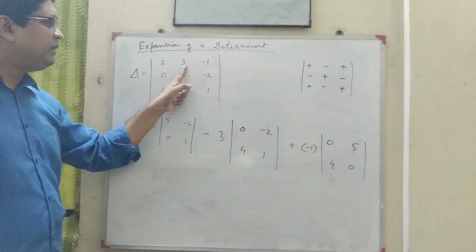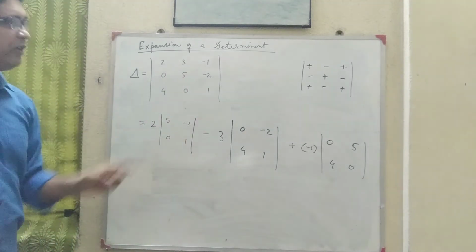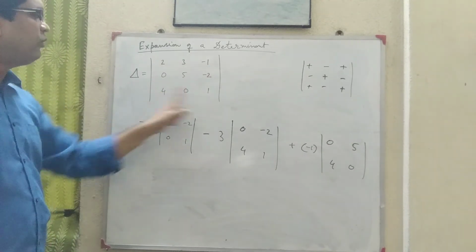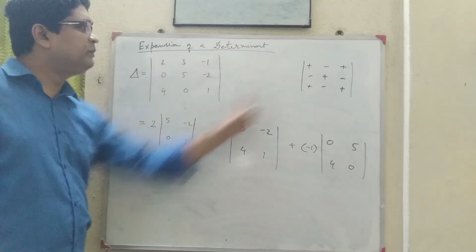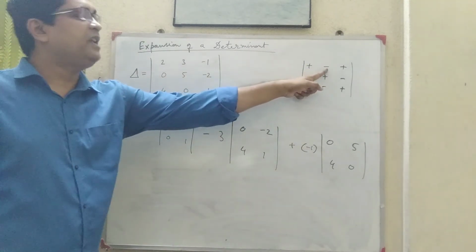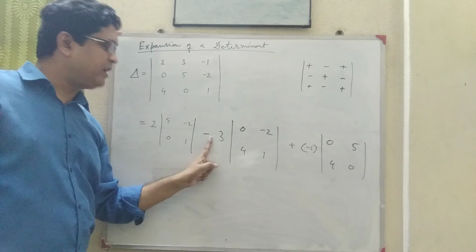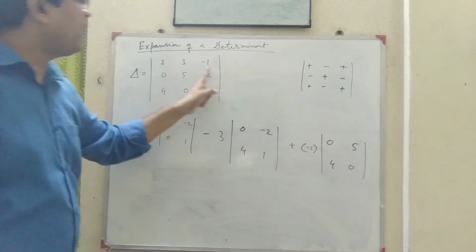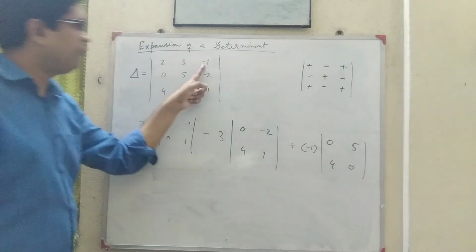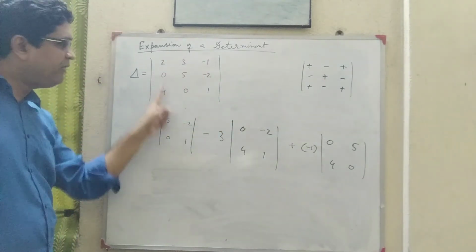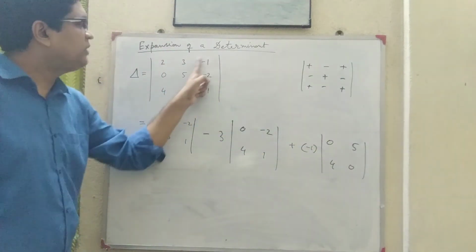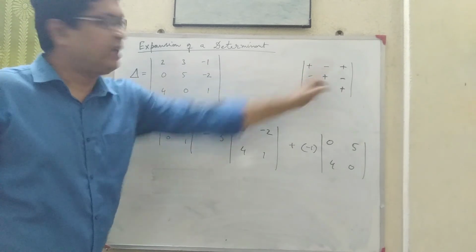Next, 3 into its cofactor: the minor is 0, minus 2, 4, 1, and the sign will be minus because the position of 3 has sign minus. Then minus 1 multiplied with its cofactor 0, 5, 4, 0. This is the minor with plus sign, because the position of minus 1 has sign plus.